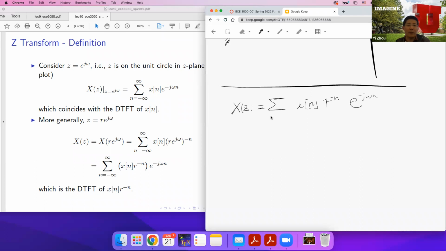This is a summation of complex numbers, a series of complex numbers. So a sufficient condition is to make sure that it's absolutely summable, which means that summing up all the magnitudes of the complex numbers, if this summation converges, then the original series will converge.